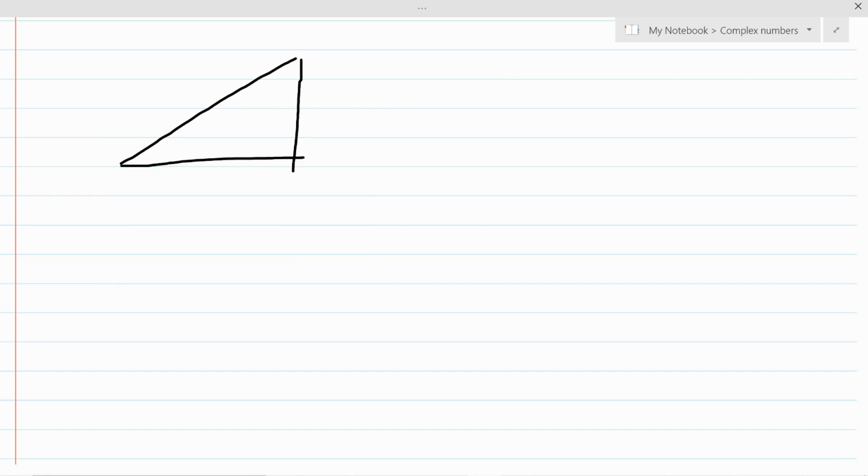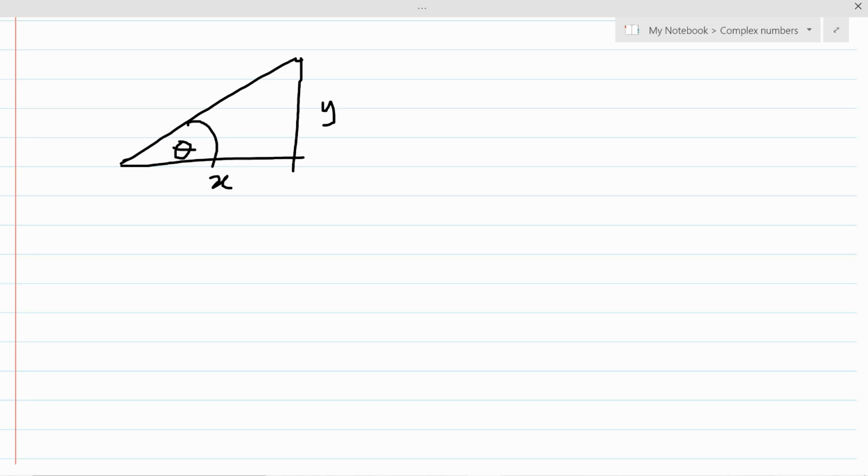Now, if I can represent my complex number on the side of a right angle triangle, like this, where this is theta, the horizontal axis is the x-axis, or the real part, and the vertical axis is the imaginary part.